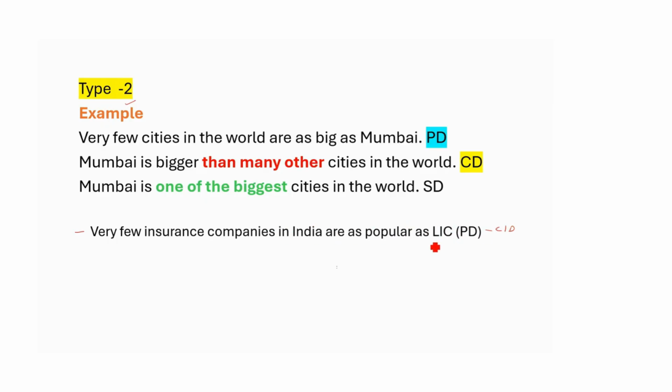So first, what is the subject they have given? LIC. The given subject is LIC. Then the helping verb. LIC is singular, so we write "is". Then what is the adjective they have given? Popular. Popular, not possible, so more popular.